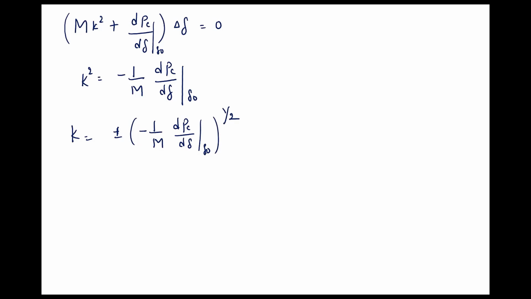The square root of minus 1 I can write as j. So the k value will become plus or minus j into root of 1 by m into dPe/dδ at δ₀ value.